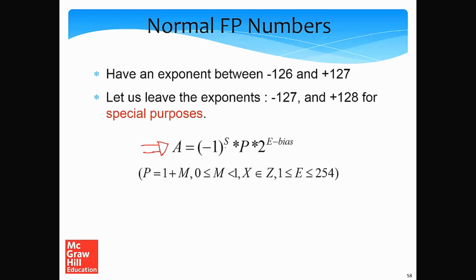We have minus 1 to the power s multiplied with the significand, where the significand is of the form 1 plus m, m being the mantissa, strictly less than 1, multiplied by 2 to the power e minus bias, where e is the representation of the exponent. So e is between 1 and 254, right? The values 0 and 255 are reserved for special purposes.